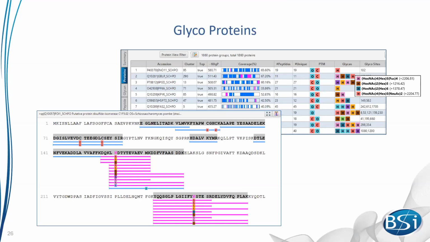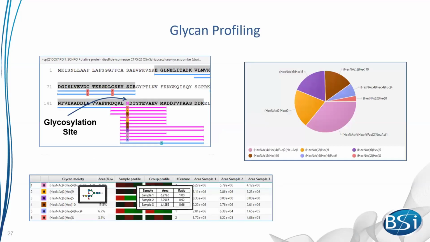Now I will spend some time on the glycan profiling part. If we are interested in a particular glycosylation site, then we can see the glycan profiling for that site. Pretty simple, just click on that glycosylation site in the coverage pane, and a dialog will pop up with the profile information.